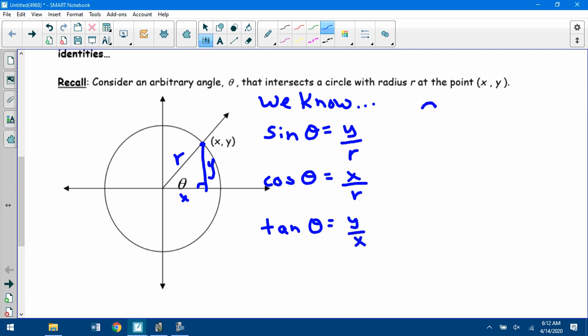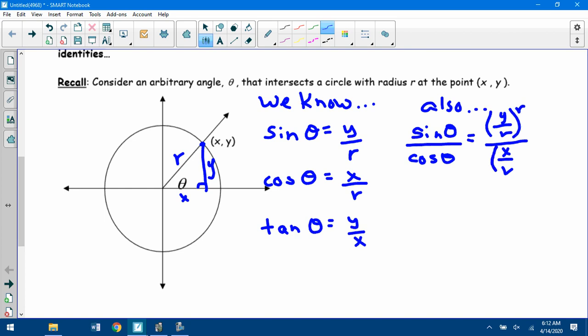Now we also know if I did sine of theta divided by cosine of theta, using this picture, we'd get y over r divided by x over r, which is a complex fraction that simplifies pretty easily if we multiply top and bottom by r. The r's cancel, and I have y over x.